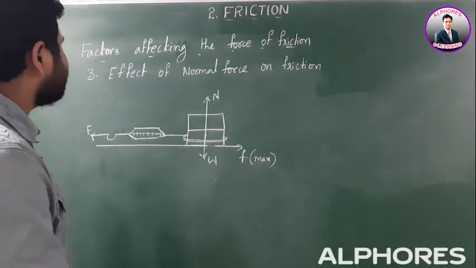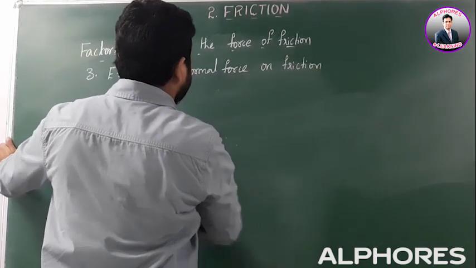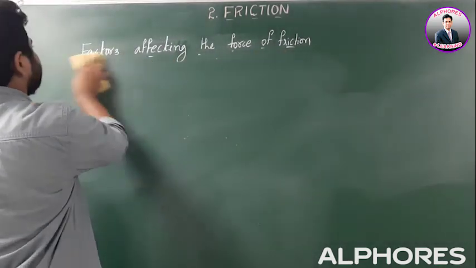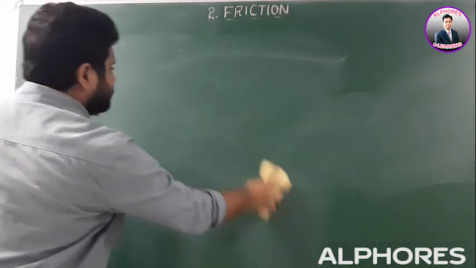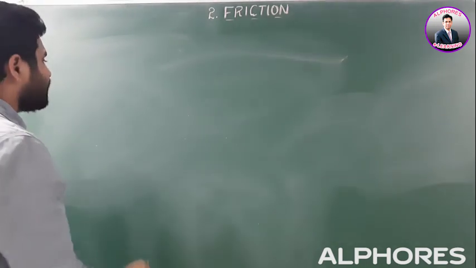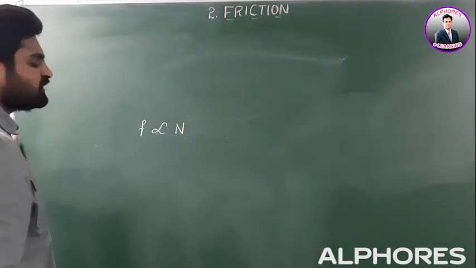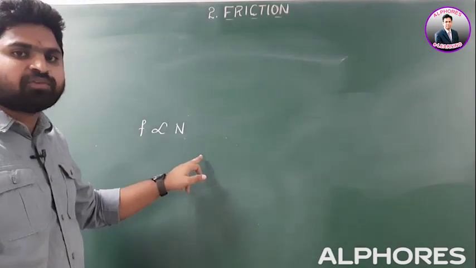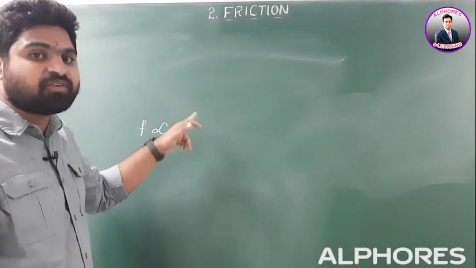Next topic is: in the previous case I said that frictional force depends upon the normal force. So frictional force is directly proportional to the normal force. As the normal force increases, the frictional force also increases. The same we observed in the previous case.